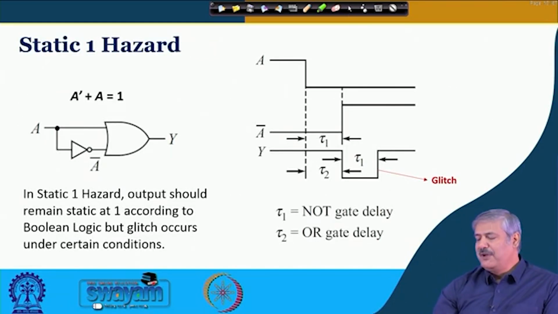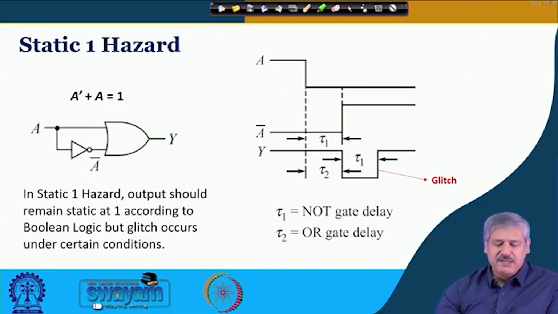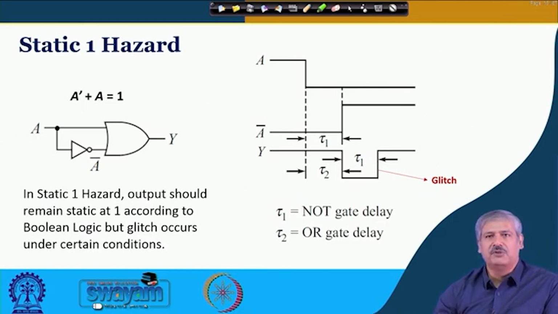Now, we define static 1 hazard. What is it? Static 1 hazard is the case when the output is to remain static at 1 according to Boolean logic or algebra, but a glitch occurs under certain conditions.